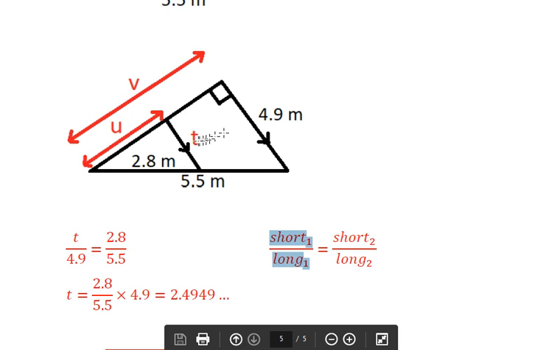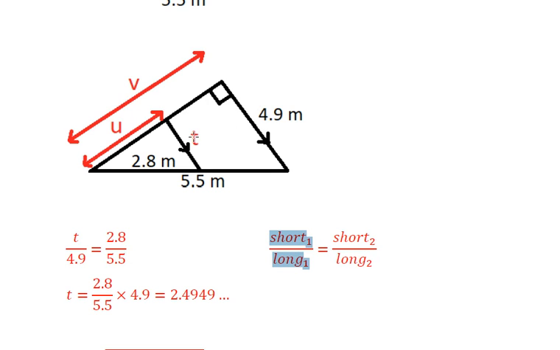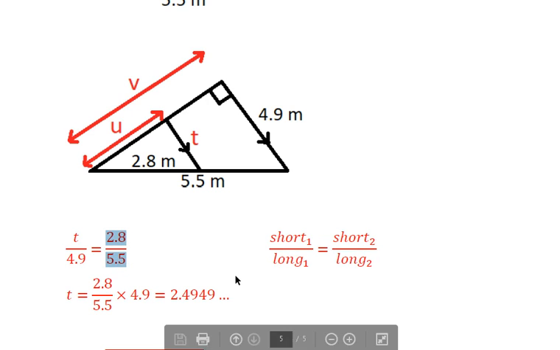That's our similar side to our T that we're using to start with. Those are similar sides there, the short and the long. 4.9 and T similar. Now the other one is equal to the other two similar sides, which are 2.8 and 5.5, and once again if we started with short on the top, we've got to put the short on the top again. So we've got 2.8 over 5.5, which is our long side.